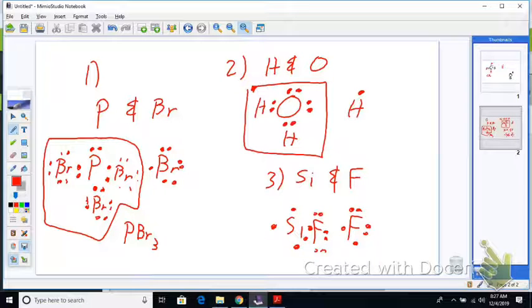Now I'm going to show you in a second a simple way to show this without showing all these dots. Once we do this with all these dots, we want to clean it up a little bit so it's not so much going on. So that's SiF4, right?